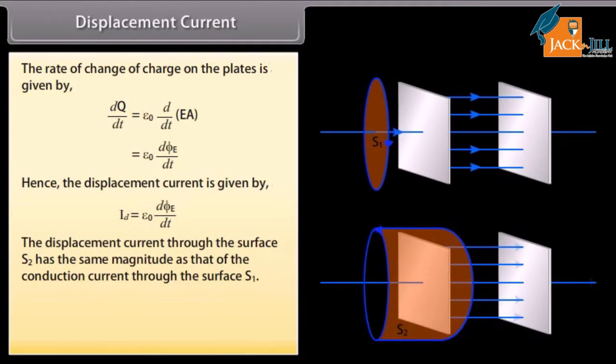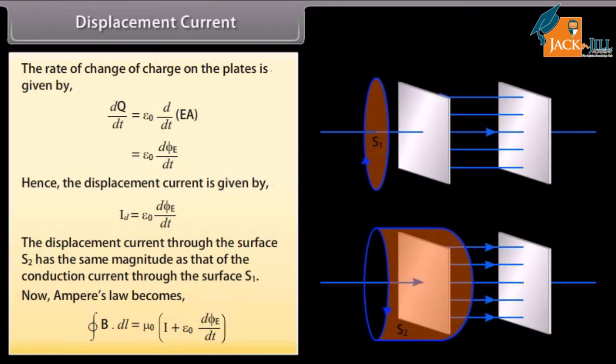The displacement current through the surface S2 has the same magnitude as that of the conduction current through the surface S1. Now, Ampere's law becomes the closed integral of B dot dl equal to mu naught multiplied by I plus epsilon naught d phi E by dt.